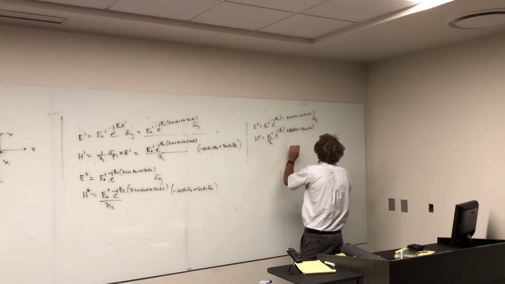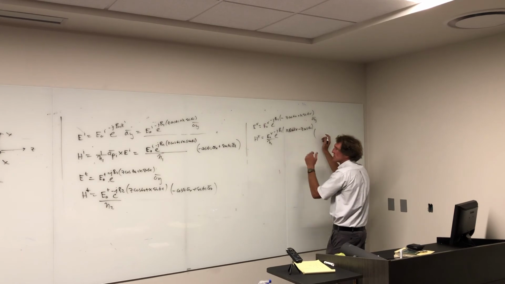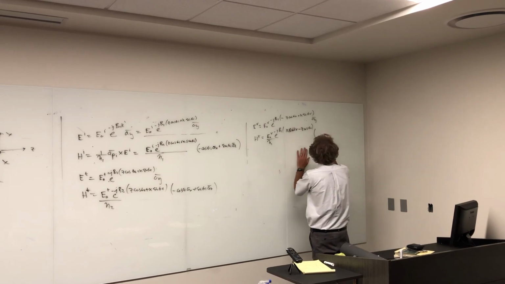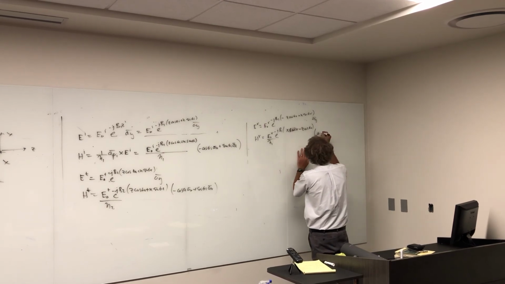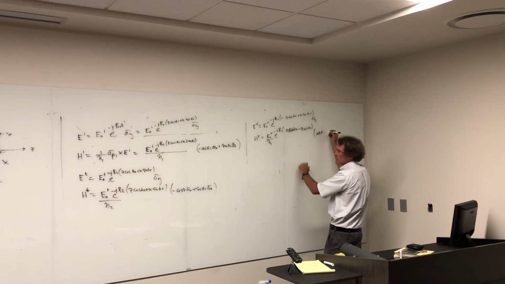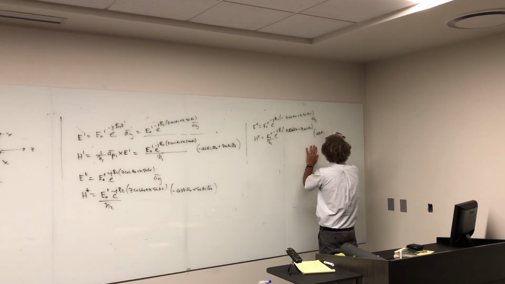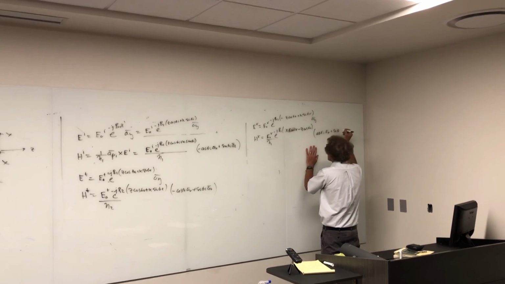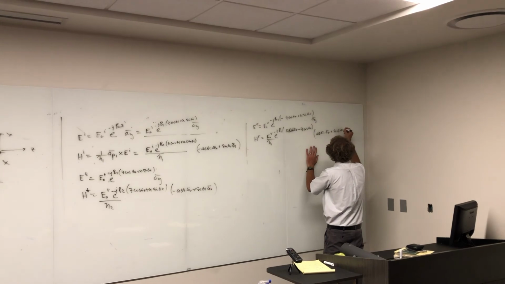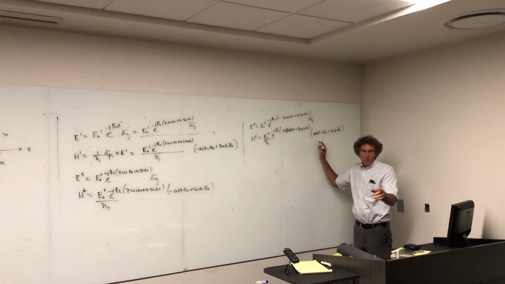There's a minus sign there. Then the actual unit vectors are going to be cosine theta incident, positive there, a_x, plus sine theta incident, a_z.